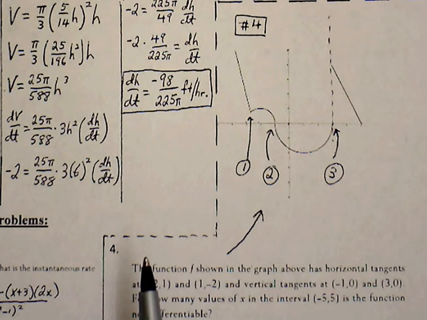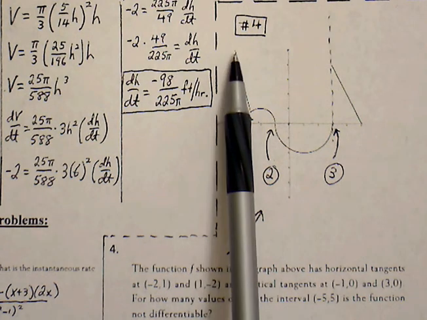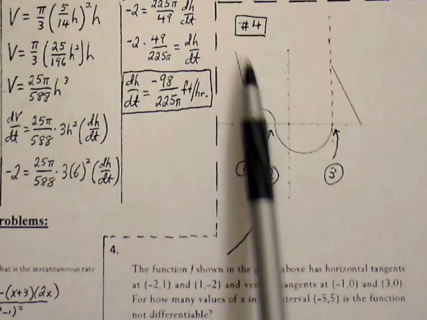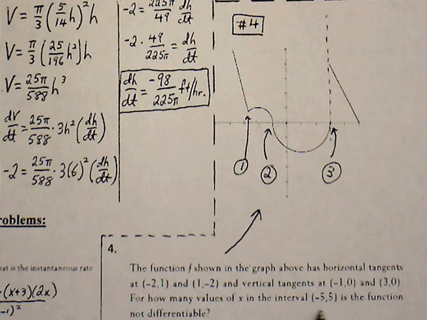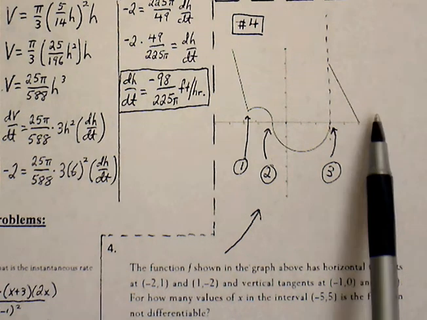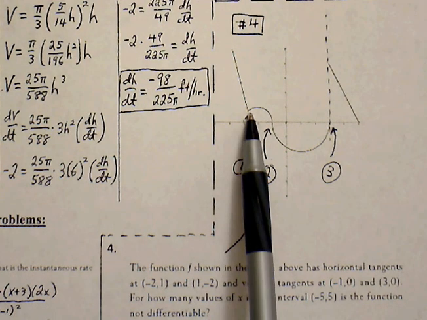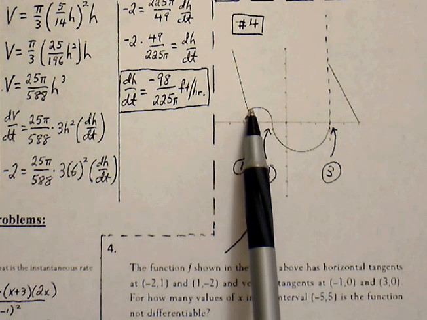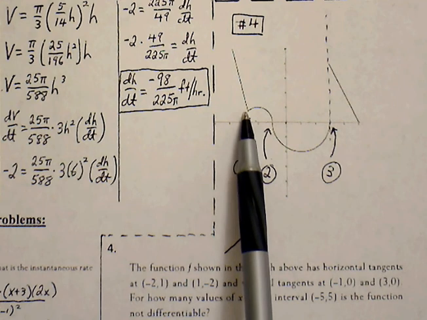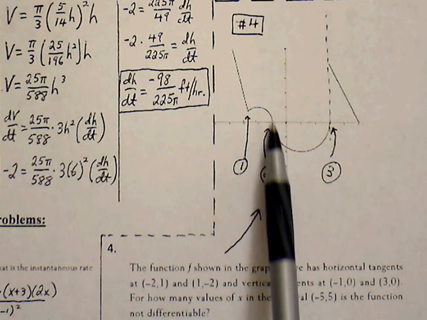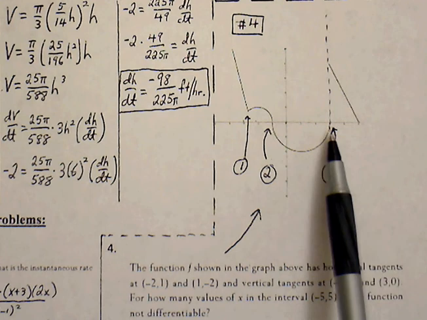We're not going to consider these two endpoints because they are outside of our interval. The interval is only the open interval between -5 and 5, so we don't have to worry about those endpoints. But there's a sharp point, so the function is not differentiable at this value. Another point where we have a vertical tangent, and then another x value where there's a jump discontinuity.